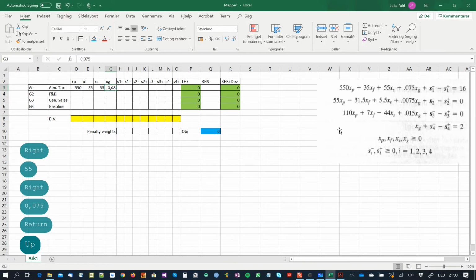And now we include, and this is interesting, for the penalty, I follow up later. So for the minus we use plus, and for the plus we give a minus. And these pairs are equal for all goals.